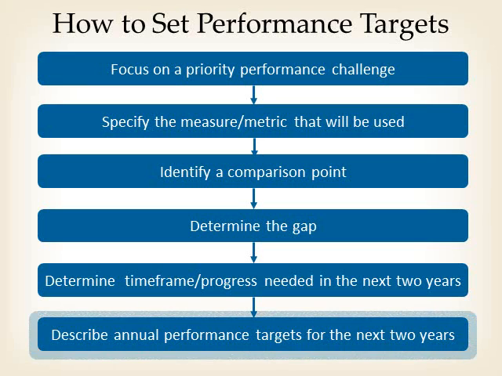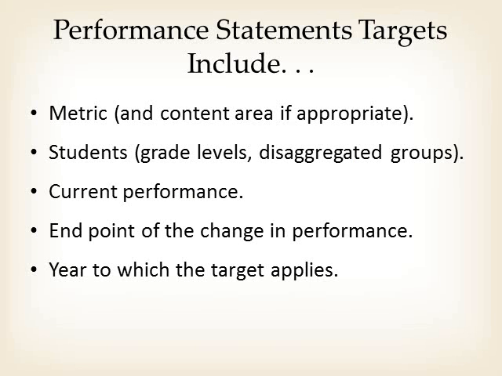The final step is to describe annual performance targets for the next 2 years. The actual performance target statement includes the following information. The metric to which the target applies should include the content area if appropriate. For example, dropout rate or median growth percentile for mathematics. The students to which the target applies, including grade levels and disaggregated groups.